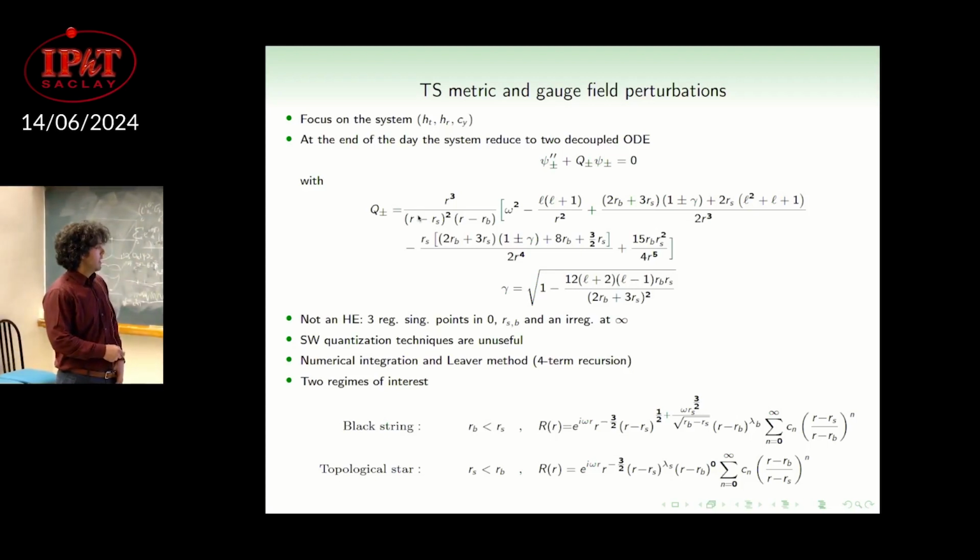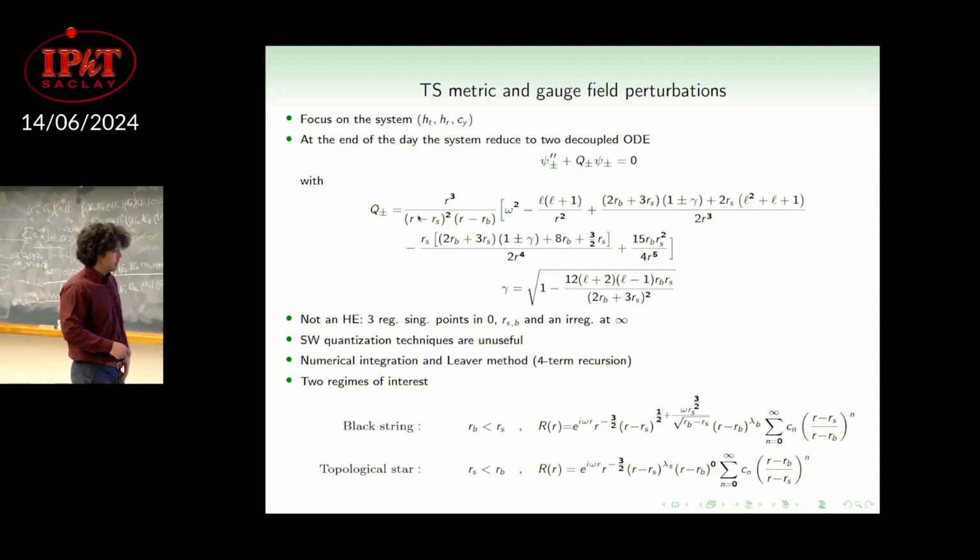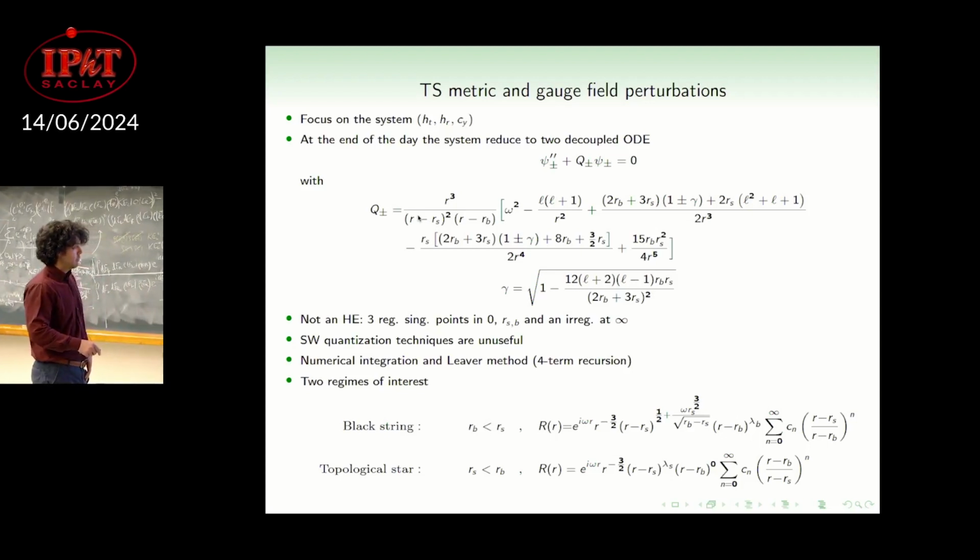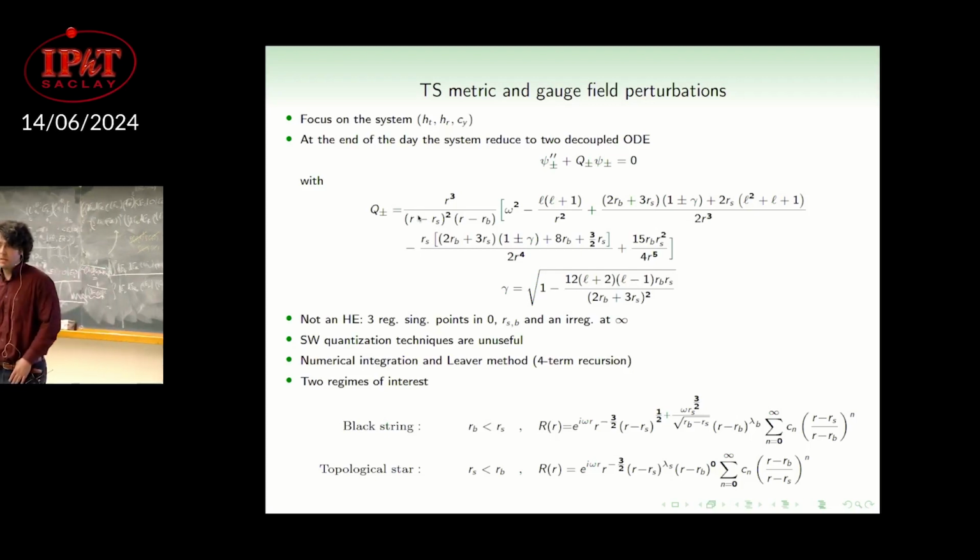You have the black string, when RS is bigger than RB and RS is a horizon. In fact, you can see that here I choose the Frobenius exponent in RS which guarantees ingoing boundary conditions at the horizon, and outgoing at infinity, obviously. The other case, the soliton or the fuzzball, where RB is the cap of the geometry and is bigger than RS, has outgoing waves and regularity at RB.